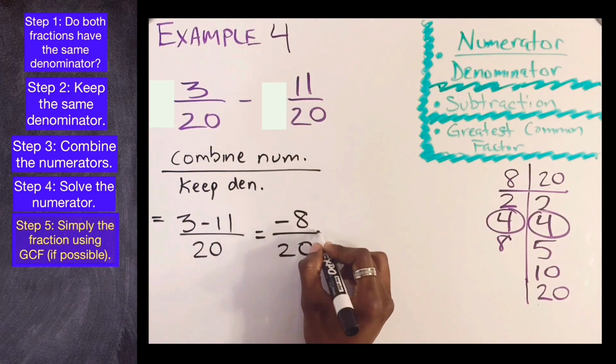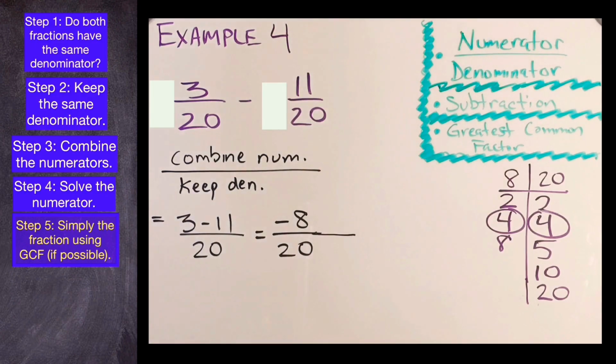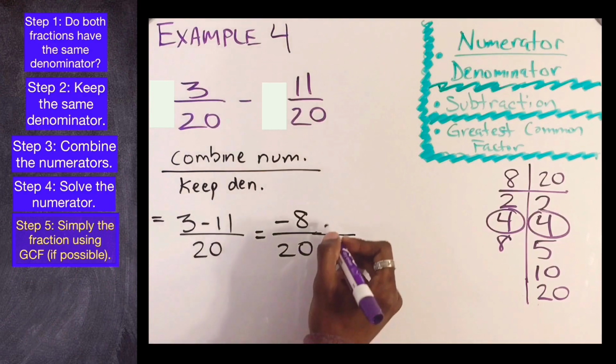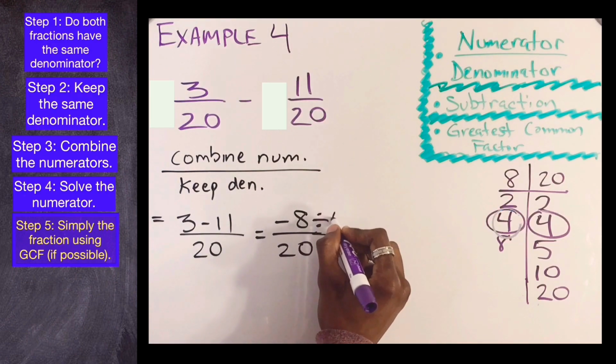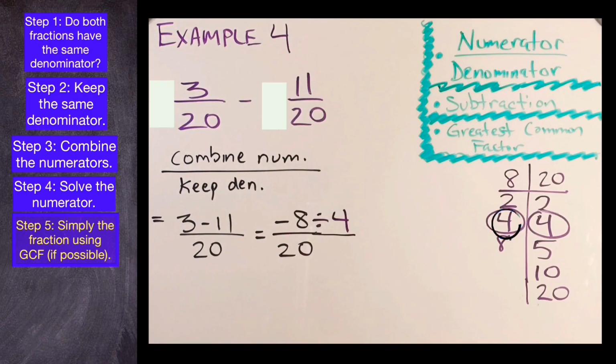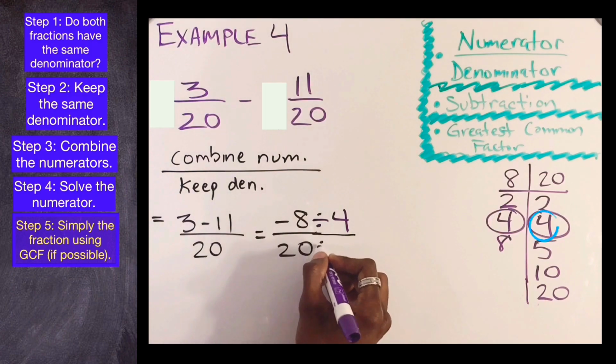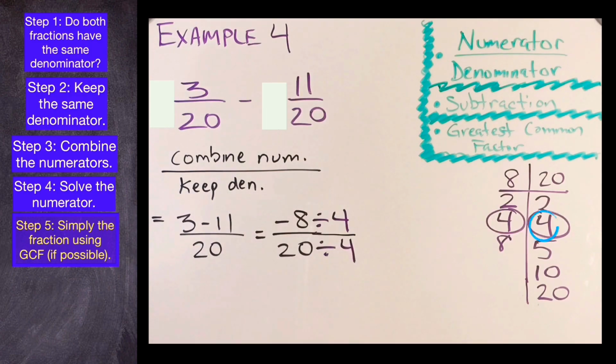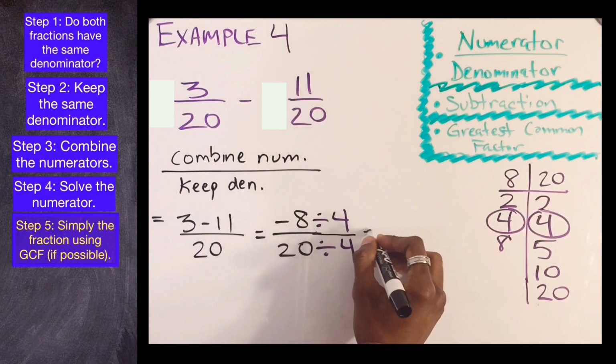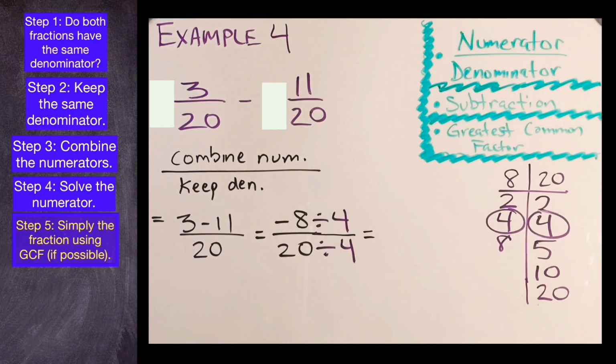I want to extend this fraction line, and I'm going to divide negative 8 by 4, and then I'm going to divide 20 by 4. And when I solve this, I'll have the simplified fraction. So we'll put our equal sign, we'll look at the numerator, we'll say, well, what is negative 8 divided by 4?